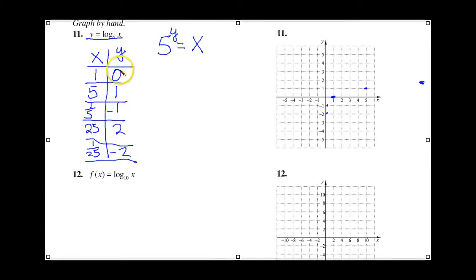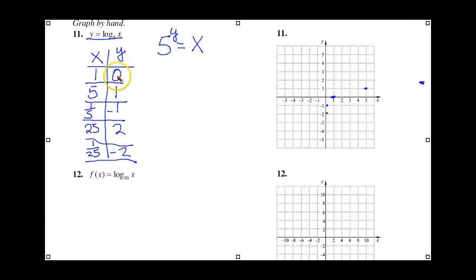If y is 0, x is 1. 5 to the 0 power is 1. If y is 1, x is 5. If y is -1, it's the inverse, which is 1/5. If y is 2, we square 5 and get 25. And if y is -2, we get, again, the inverse, 1/25.